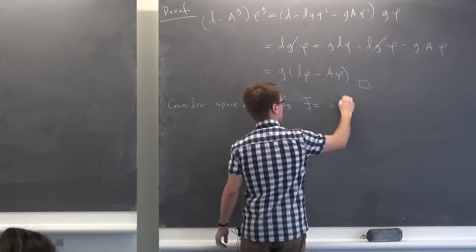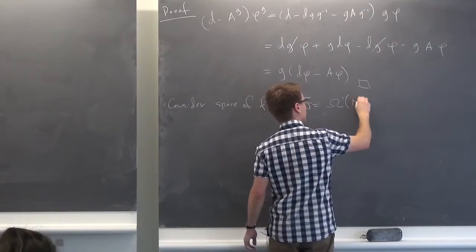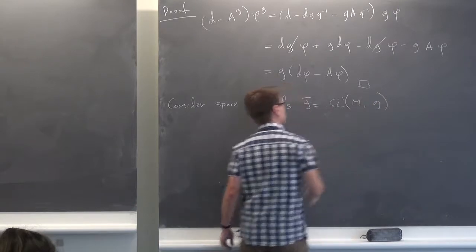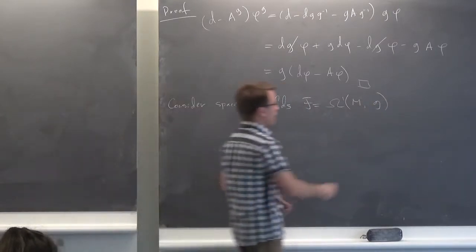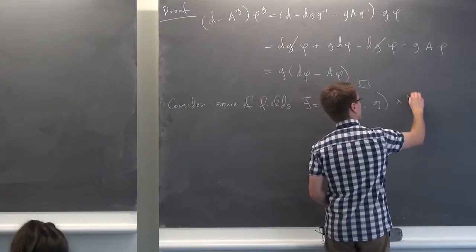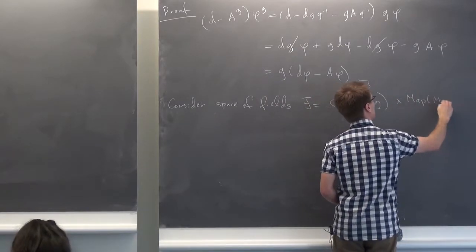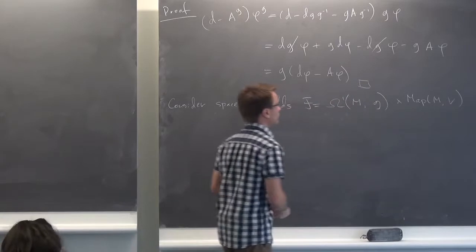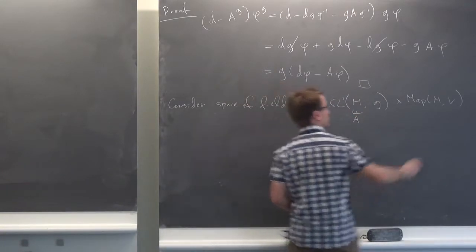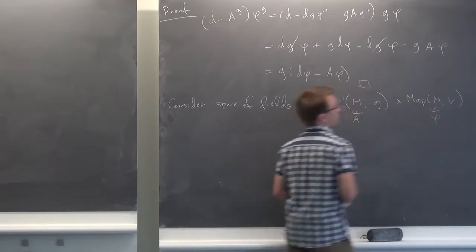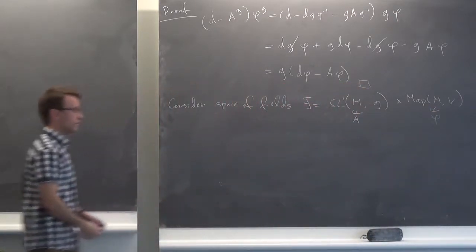First of all, the space of fields will involve connections, so one forms on M valued in the Lie algebra. And second, it will involve some maps from M into V. So this is where the connections live, and this is where the scalar fields phi live.